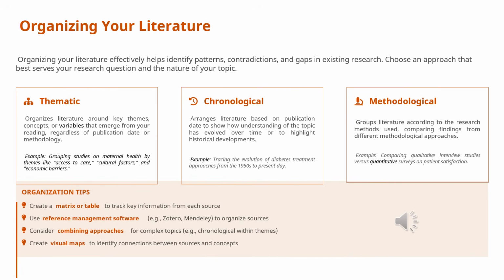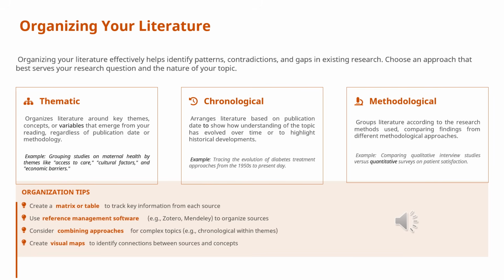Next is organizing your literature. Once you have gathered your sources, organization is key. There are three main approaches to organizing your literature. We have the thematic organization, we have the chronological organization, and we have the methodological organization.